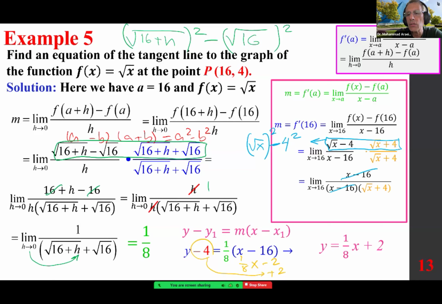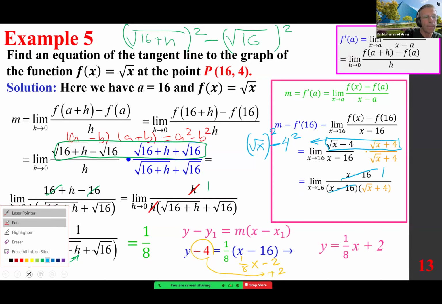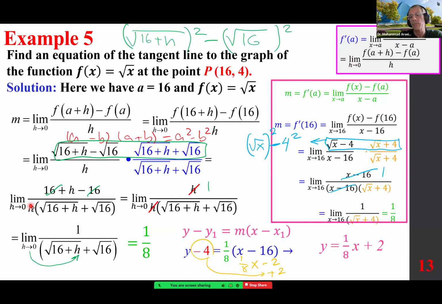These two cancel each other. And now, if you plug in 16 here, you get 4 and 4, 8, and you get the same value that was found here. Two different ways for practice, everybody.